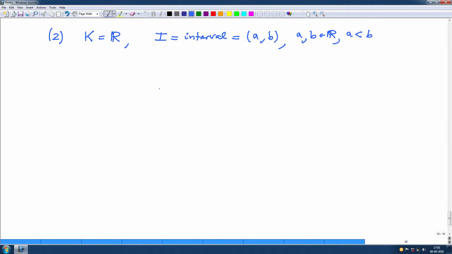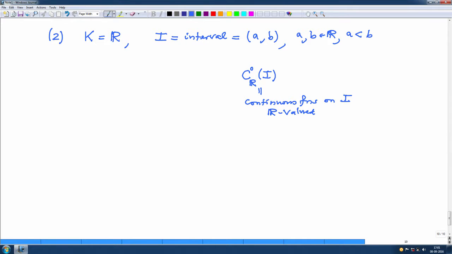And then what vector spaces are we considering? One vector space we consider is C zero of I, R. So what is this? This is the space of continuous functions, real valued on the interval I. And nothing special about the field of real numbers, wherever the continuity makes sense.